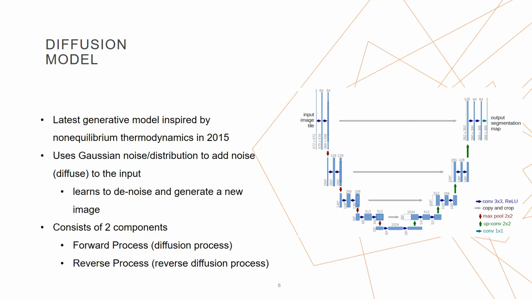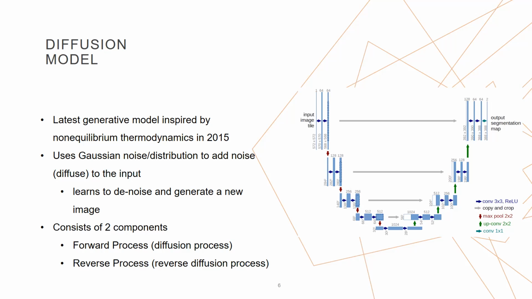But diffusion models work very similarly to those autoencoders that we talked about earlier, where they use a Gaussian noise distribution to kind of add noise or diffuse that input. Remember we talked about how the autoencoder compressed it and then uncompressed it using encoder and decoder? This does a similar thing where it takes that input, diffuses it, and then goes through the reverse diffusion process to come out with a new image.